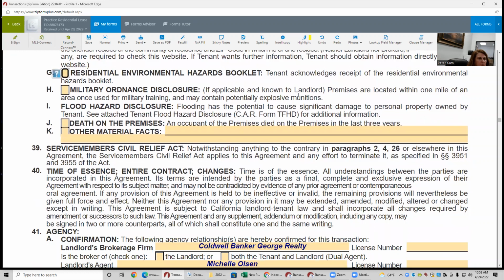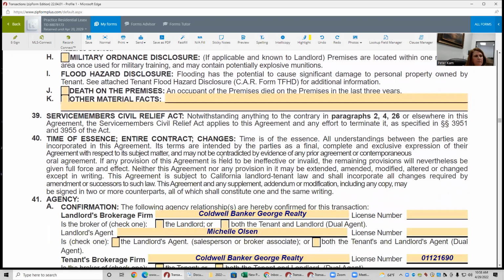Military ordnance disclosure, if it's known to the landlord, whether or not it resides within 1 mile, check that or not. We went over the flood hazard disclosure, CAR form TFHD, pretty extensively. That is required. The ESD, exempt seller disclosure statement, is a required statement, but also here it is asking again, was there a death on the premises?